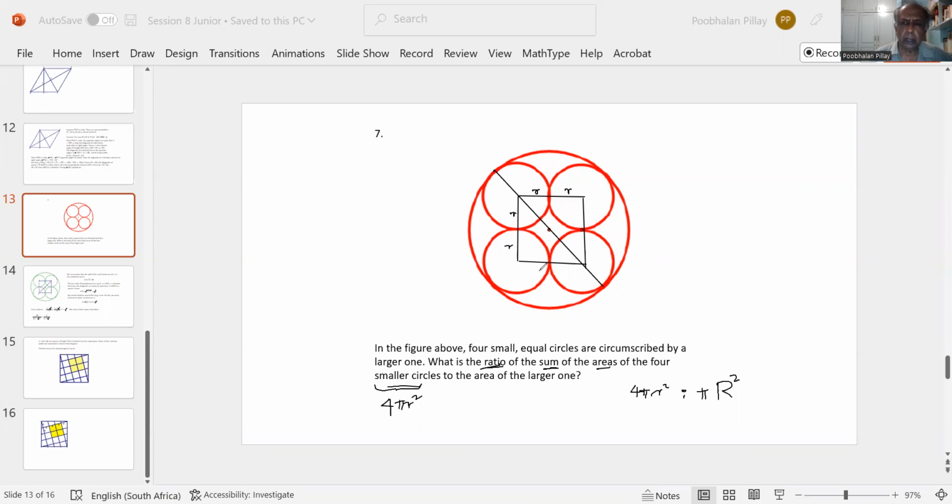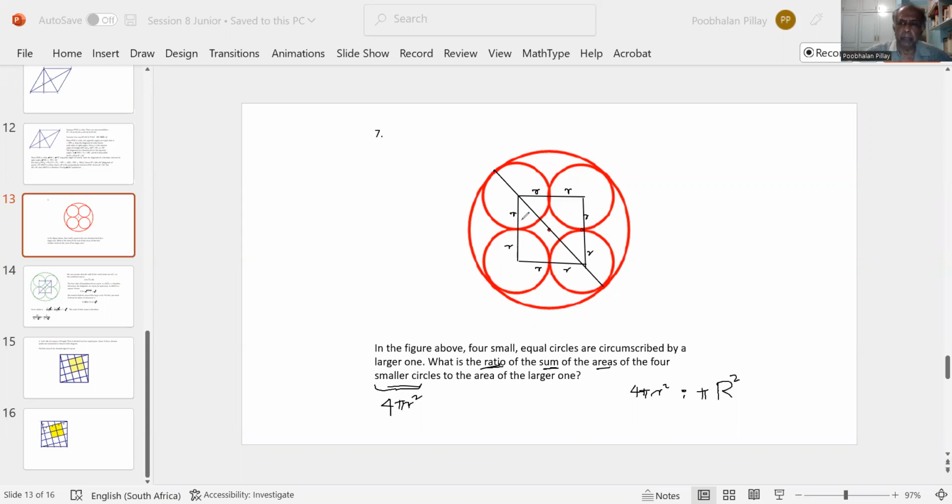This shape is a rhombus because its 4 sides are equal.